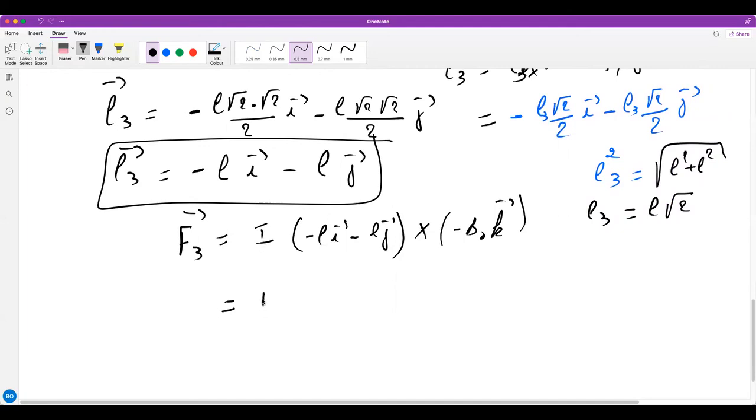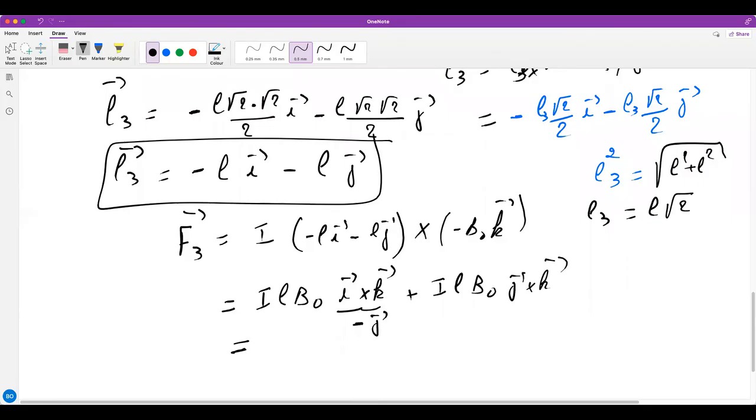This will give us I L B0 i cross k, the first part, and then plus I L B0 j cross k.